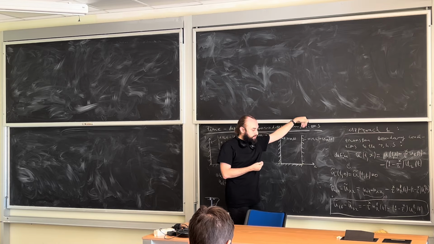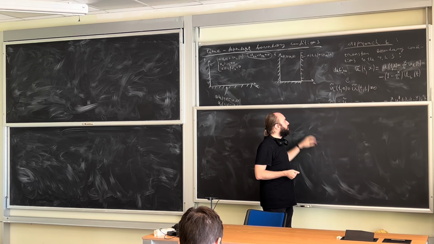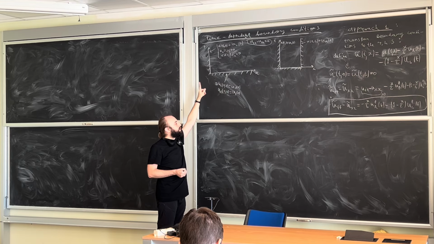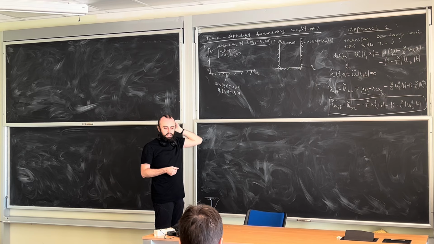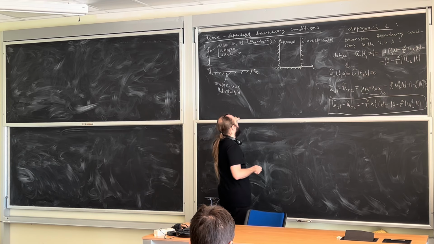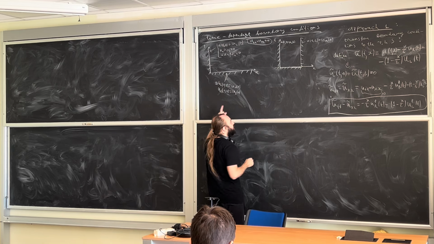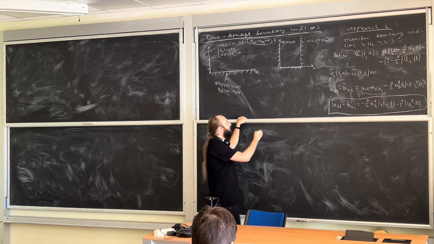So this was the first approach. But the second approach that works, I think, only for this situation on a half line, is again just to guess the solution. By the way, the physical picture for this boundary condition is the following.